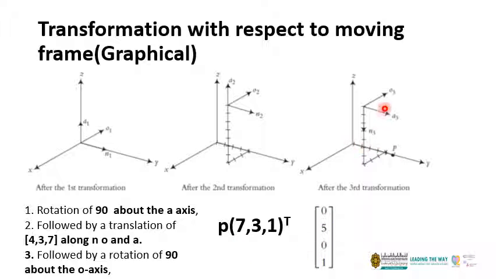So you can see graphically that P will lie on the Y axis. So that's the thing I wanted to discuss with you. The conclusion here is that when you have the transformation with respect to the moving frame, that means its own frame, then you just follow the transformation sequence to do the multiplication. You don't reverse it. So it is a post-multiplication.